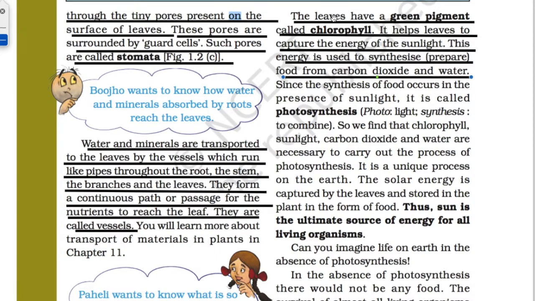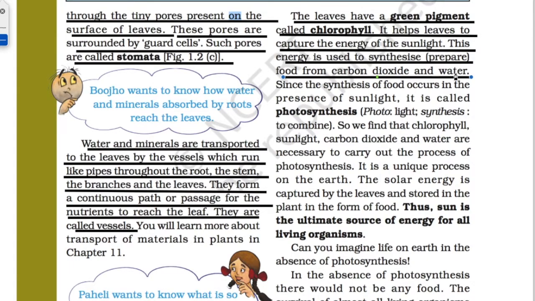Now let's try to understand the whole concept, children. The leaves in a plant have a green pigment called chlorophyll. This chlorophyll captures the sunlight. The energy of the sunlight is used to synthesize food from carbon dioxide, which is taken in through stomata present on leaves, and water.